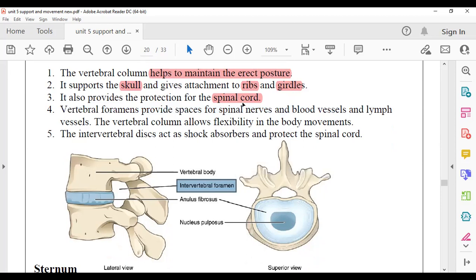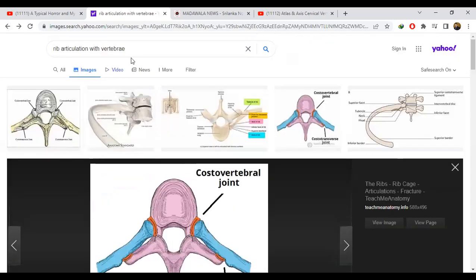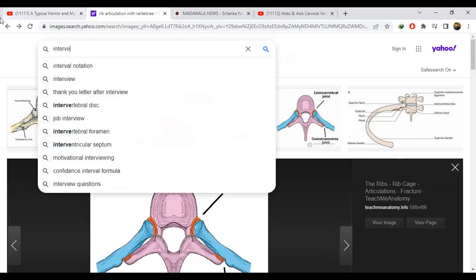Intervertebral foramen. That is the correct word. It is made with the contribution of two adjacent vertebrae, a hole will be made, and that is called, what is it? Intervertebral foramen.